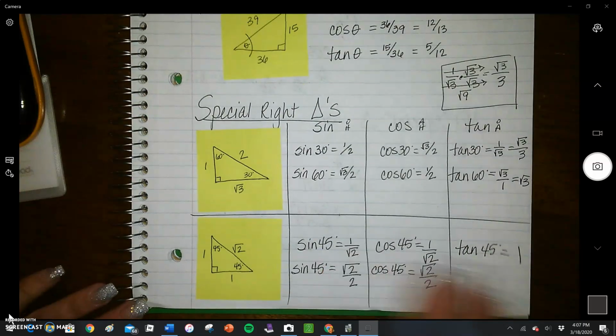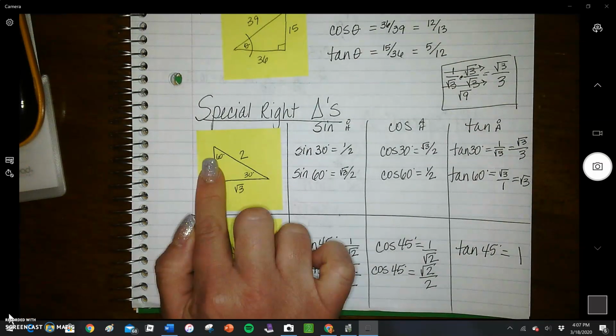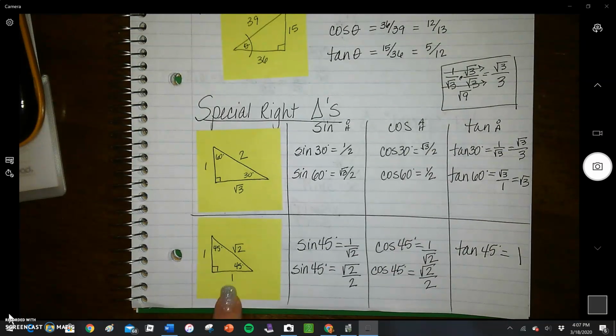All right, let's look really briefly at some special right triangles. I don't know if you remember from geometry, there are some 30, 60, 90 triangles that have special relationships with their sides. There's a 45, 45, 90 triangle, and that also has a special relationship with the sides on the triangle, okay?